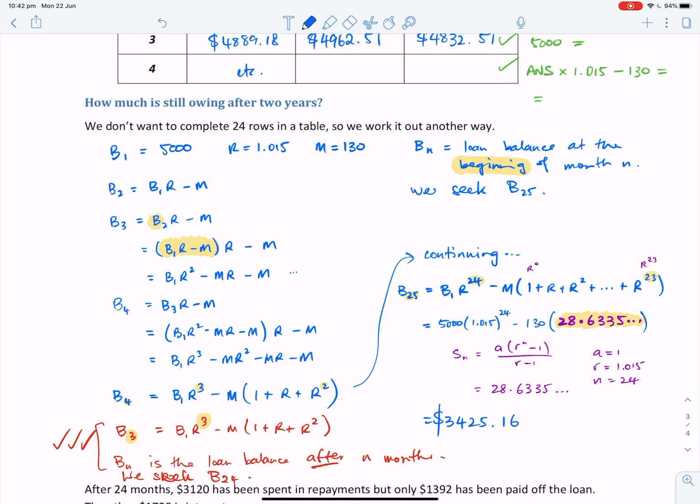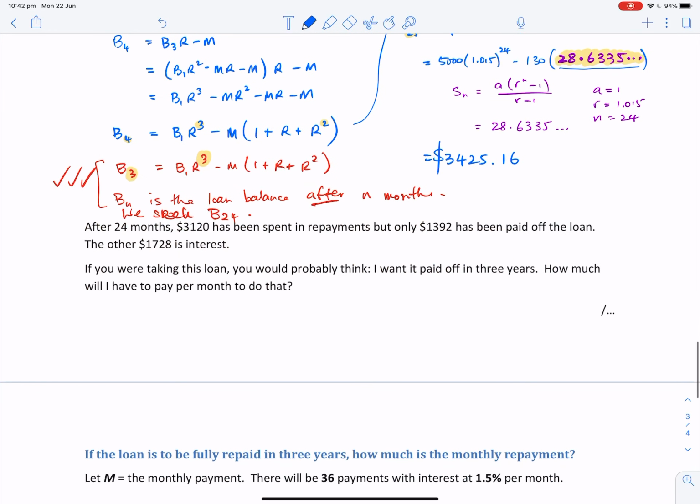But this means that we're getting 28.6 months of value. All right, so that extra 4.6 months is the benefit of interest. So there's meaning to this number, and it's nice to understand. Looking ahead to the next question.